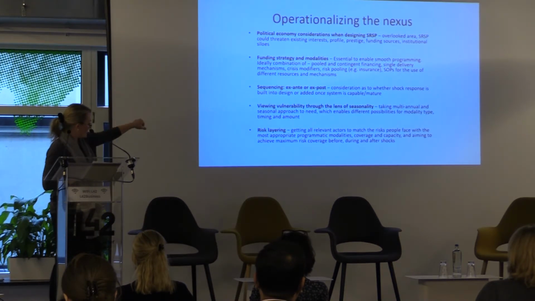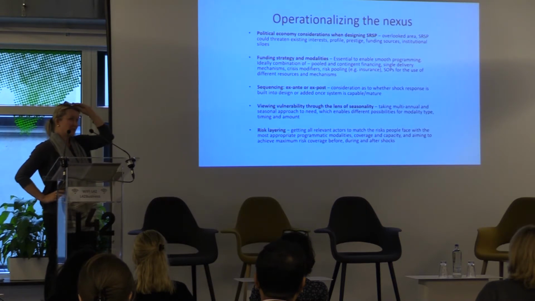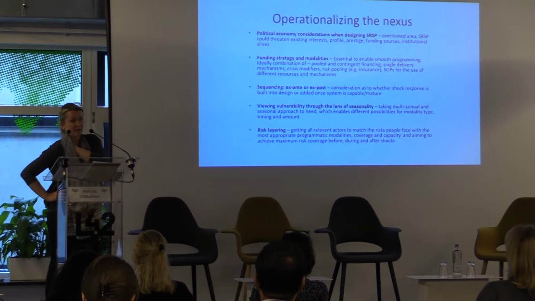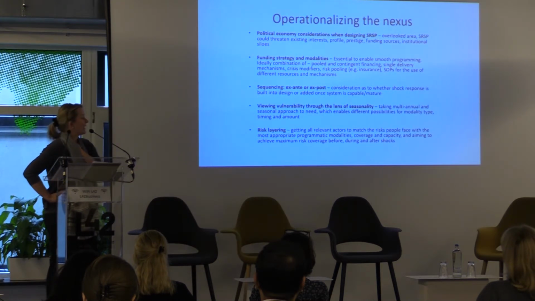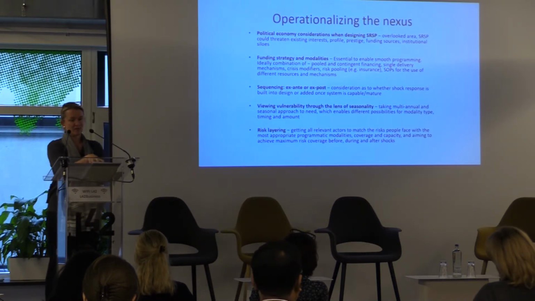So this fourth one down, viewing vulnerability through the lens of seasonality. This is something that came up quite strongly in some of the case studies, but also in my own work and some of Daniel's work. Daniel used to work for WFP in Malawi for many years. And the fact that modality type, if you think about cash, food, assets, let's just put those three for now.